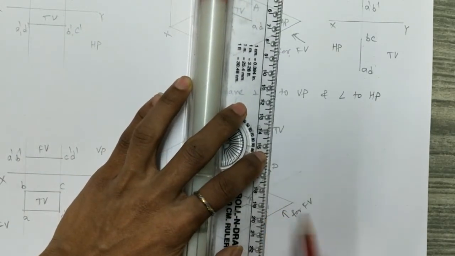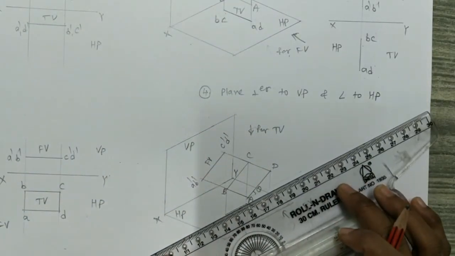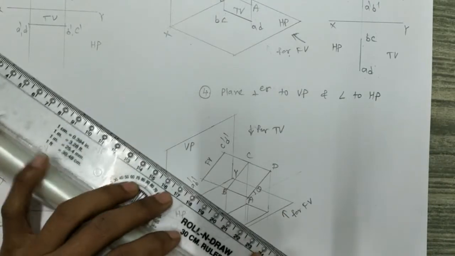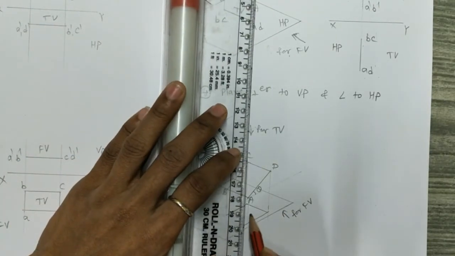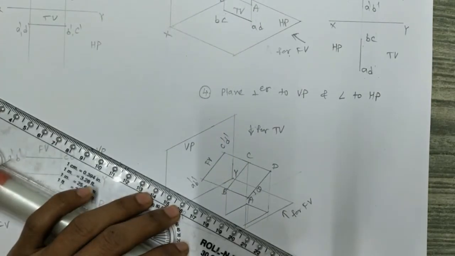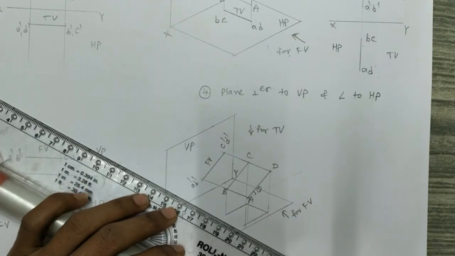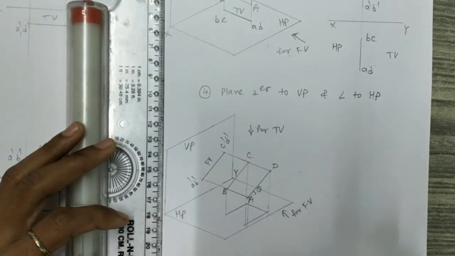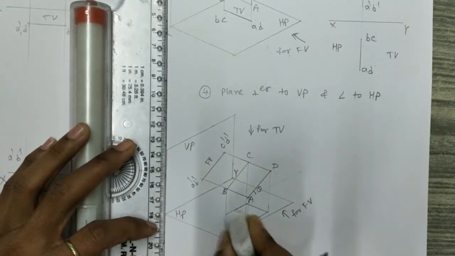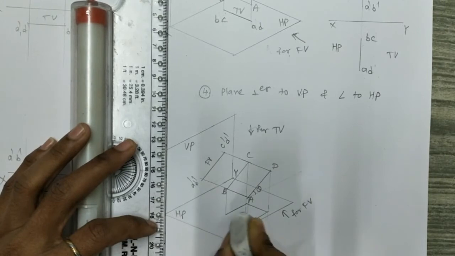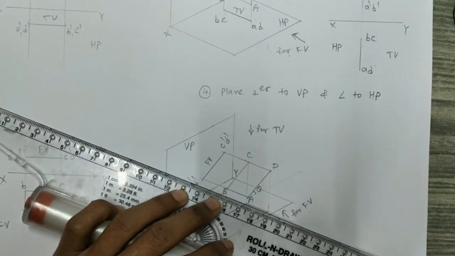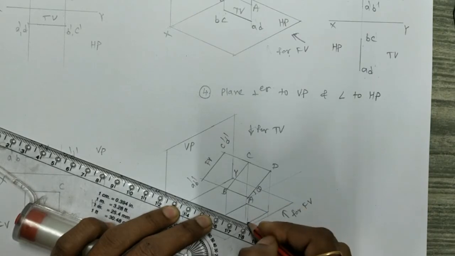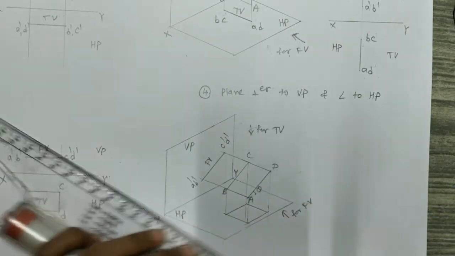Extend projection from D. We have to draw this line up to A. So rough erase extra portion and now draw remaining line from this point, that is from a line which is coming from A. So like this.